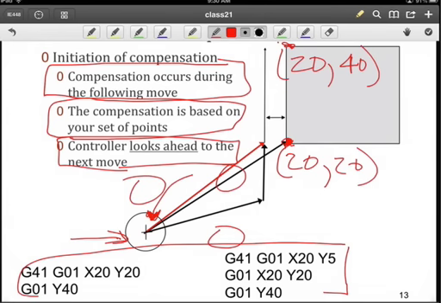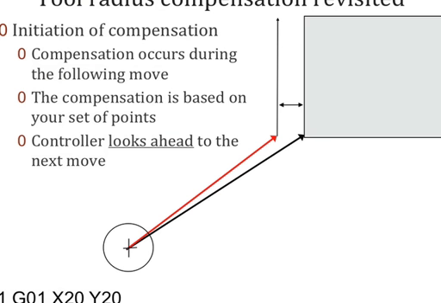So when this compensation takes effect, by the time we get to X20, Y20, we're actually in the correct tool offset. So here you can see the tool moving along without tool compensation. So we end up with the center of the tool at the corner, and that's obviously not what we want.